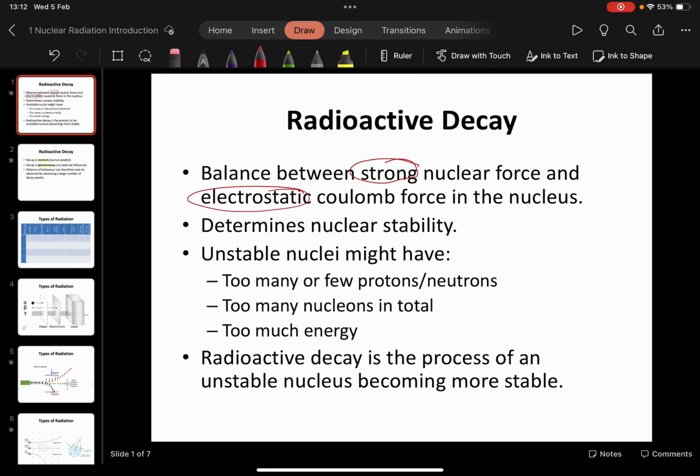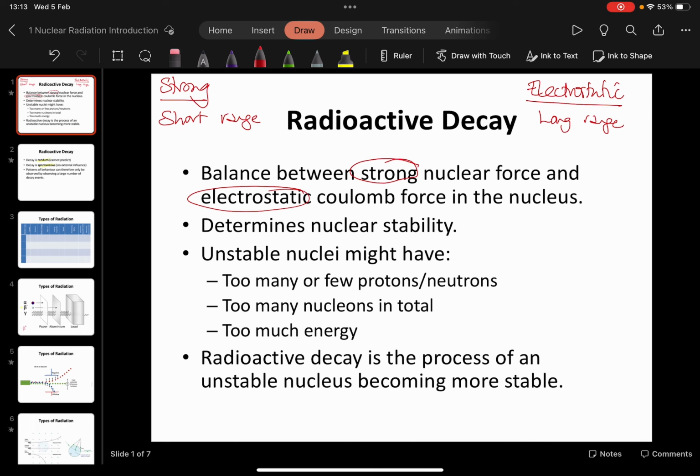Now, comparing those 2 forces is obviously not entirely straightforward because the properties of them are different. In terms of range, we know that the electrostatic force operates over an infinite distance. It's a long-range force, whereas the strong force operates over the diameter, the dimensions of a nucleon. It's a very short-range force.